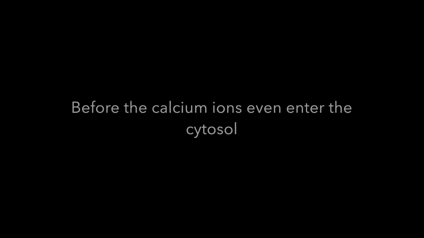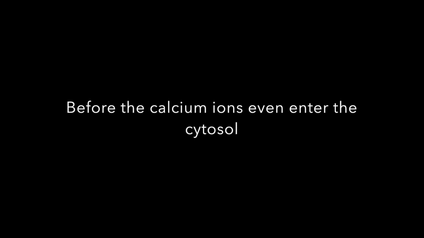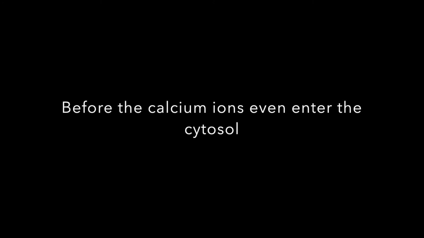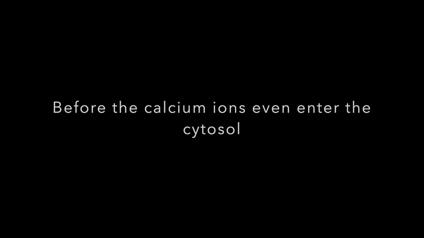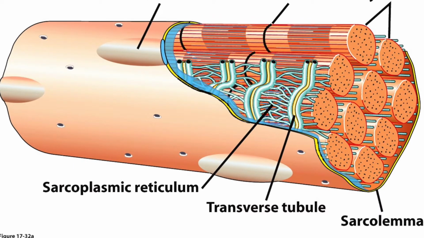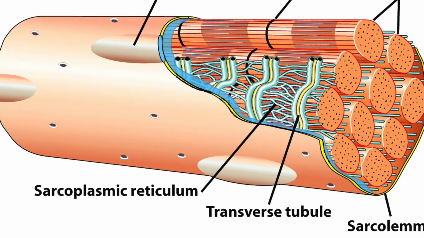Now I'm going to talk a bit about the stimulus that occurs even before calcium ions enter the cytosol. This relates more to the nervous system side of musculoskeletal operations and less to the workings inside the muscle cells. Before calcium ions can enter, the stimulus has to occur.